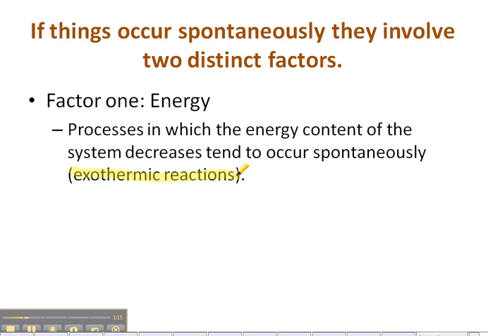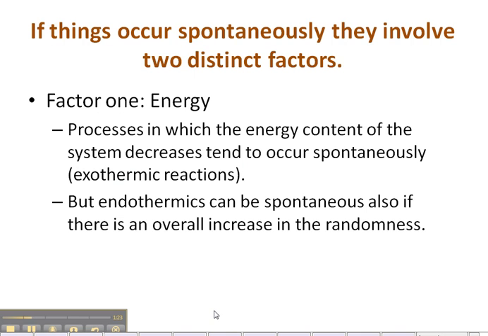It didn't require energy to take place. It's spontaneous then. But endothermics can also be spontaneous if there's an increase in randomness. So when we talk about spontaneity, we don't just talk about energy, we talk about increase in randomness.